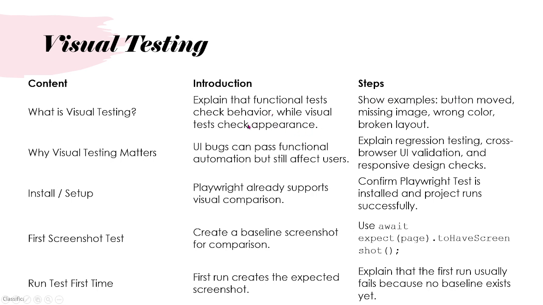A visual test checks if a button moved, an image is missing, the color is wrong, or the layout is broken. Why does visual testing matter? A UI bug can pass a functional automation test but still affect users. Visual regression tests, cross-browser UI validation, and responsive design checks.